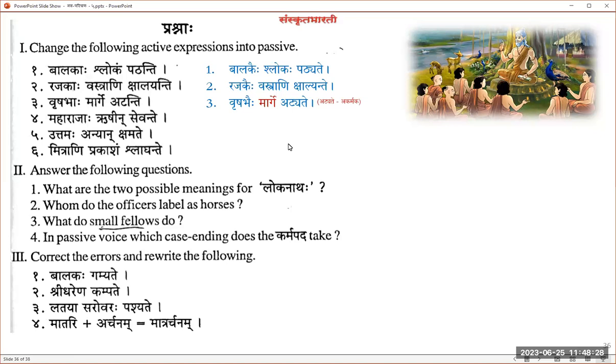Number 4, Maharajaha Rishin Sevante. Let us call Sharad Varya, Pratibha Varya. Thank you, Sharad Varya. Maharaja will become Maharajaihi. See, here is one help for you. Rajan shabda is nakaranta: Raja, Rajanau, Rajanaha, Rajanam, etc. It is a tough one to decline, right?